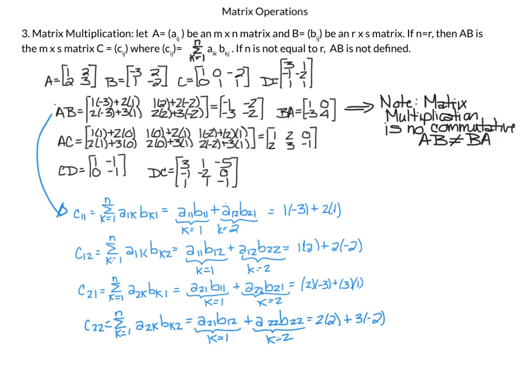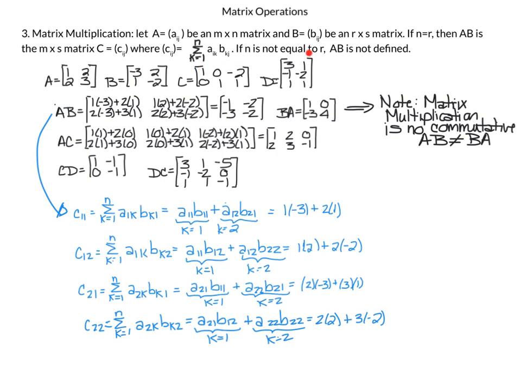I also have the matrix C times D, and you can check this out. C times D, let me do this. For 1,1, first row, first column: 1 times 3 is 3, then you add the 0, minus 2 is equal to 1. First row, second column, that will be first row times second column.